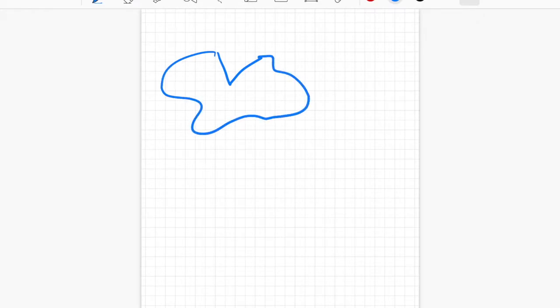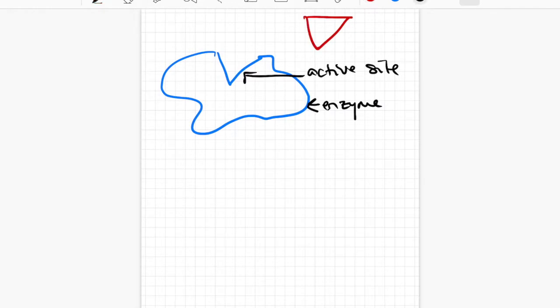So just to diagram it here, let's say we have an enzyme, and it kind of looks like this blue blob right here. And in that enzyme, you have an active site. So our blue blob is our enzyme, and that active site interacts with a substrate.